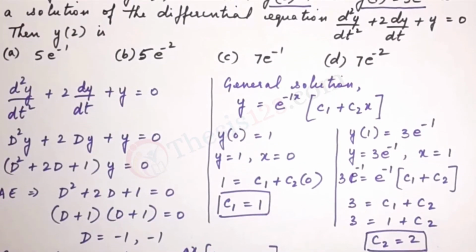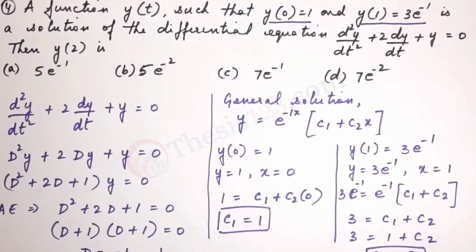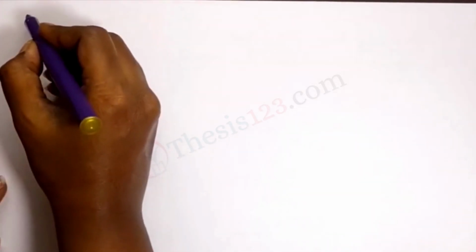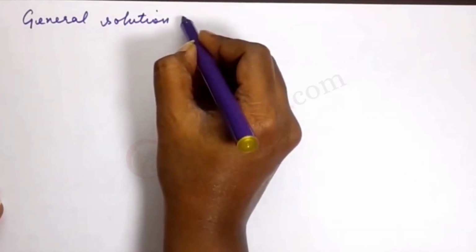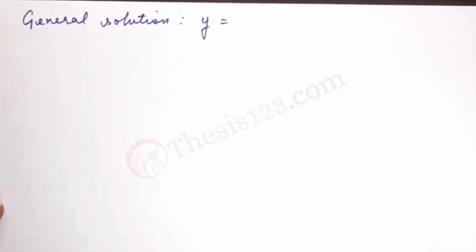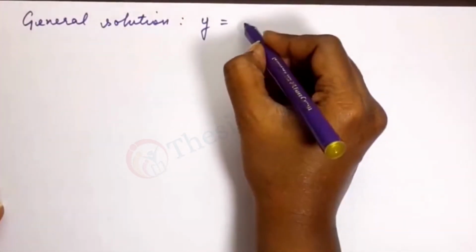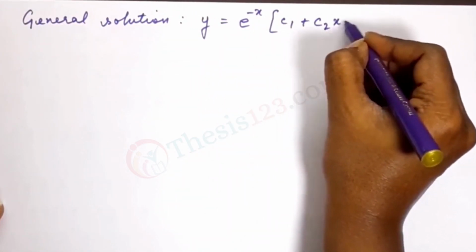Now when we substitute this into the general solution, it becomes the particular solution. So let me just grab another piece of paper here and write that down. Okay, so the general solution is y is equal to e power minus x times c1 plus c2x.